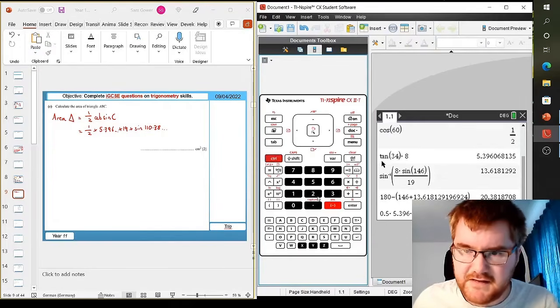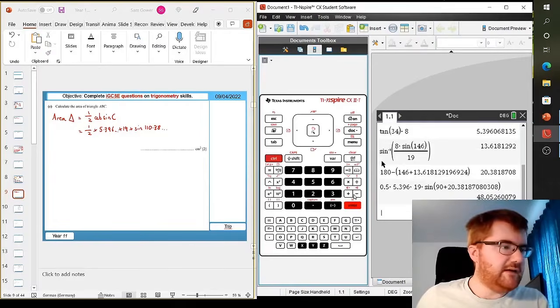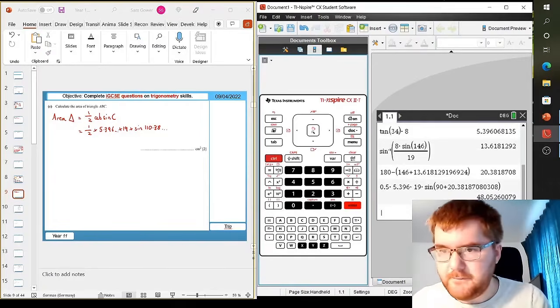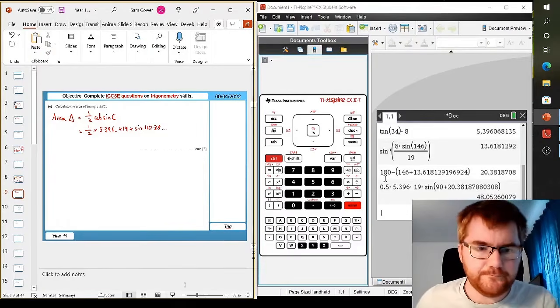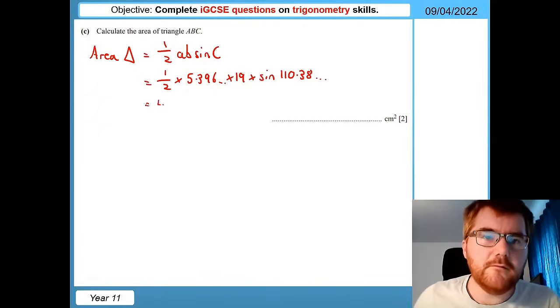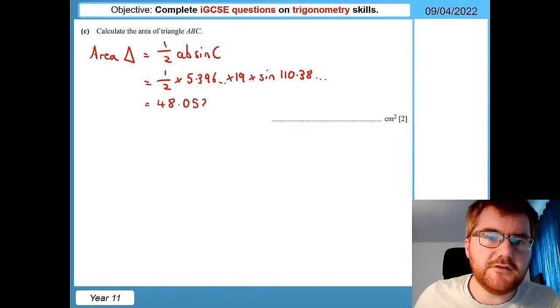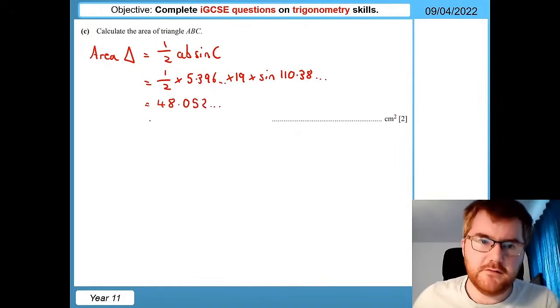So I'm trying to use that just to minimize any rounding errors. So I think we've got everything there, and then we get to our final answer of 48.052, and that rounds then to 48.1.